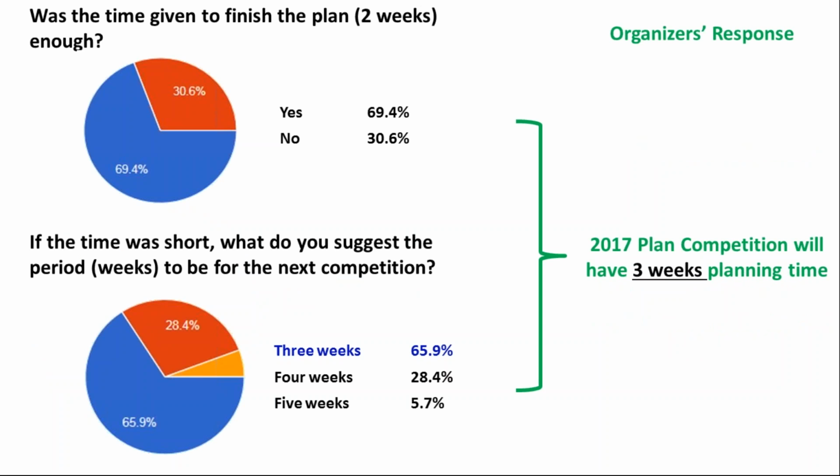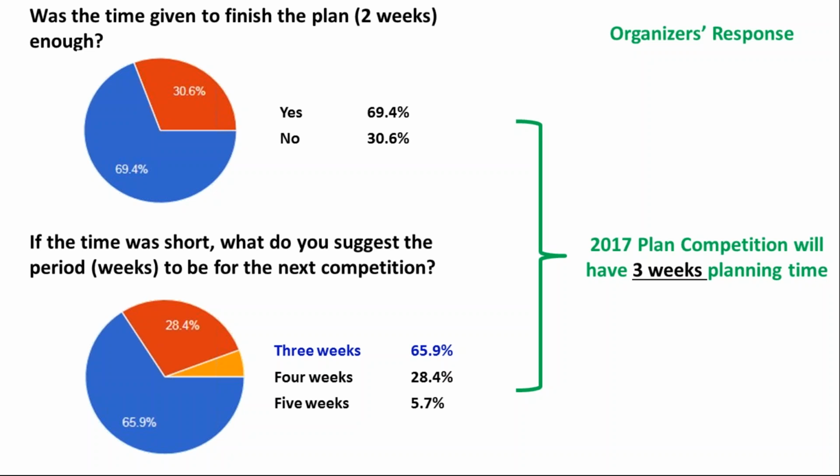What is the time? This is another thing that I've had many debates about with people. Some people are saying 2 weeks is enough for the plan competition as a period, as a deadline. Others disagreed, so during our survey, we decided to have it 3 weeks. So this is considered to be an average.